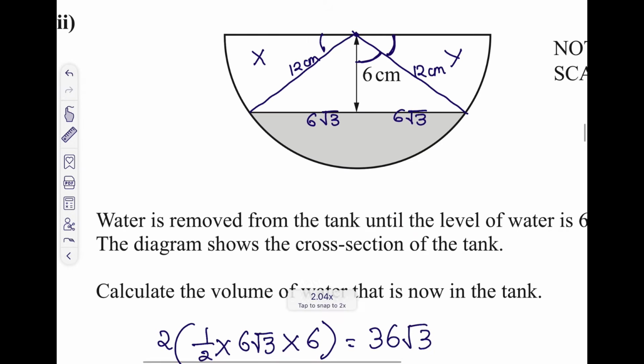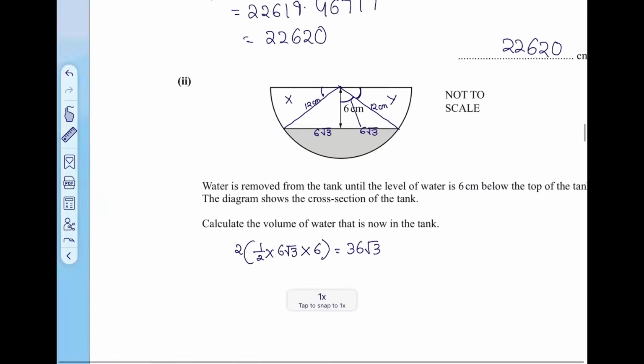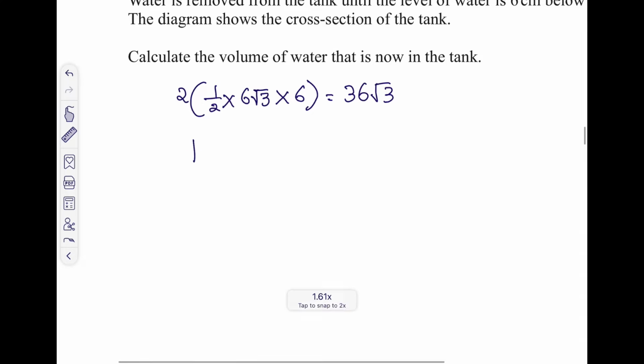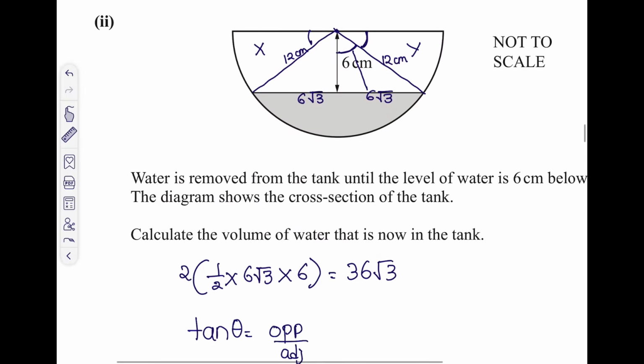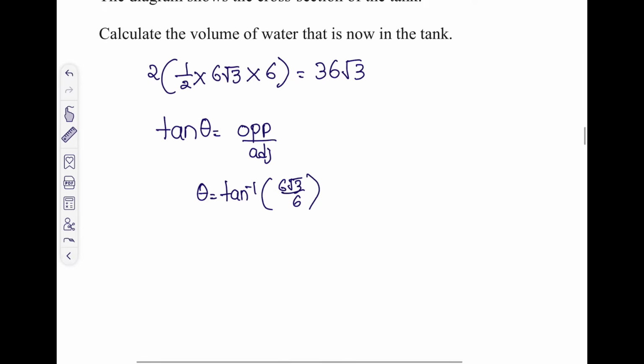Tan is opposite over adjacent, where the opposite is this side and the adjacent is 6. So tan theta is opposite over adjacent. In order to find theta, I could simply say tan inverse of the opposite, which is 6 root 3, divided by the adjacent, which is 6. Let me just check that.